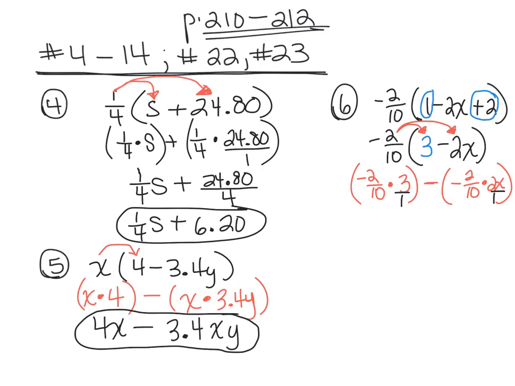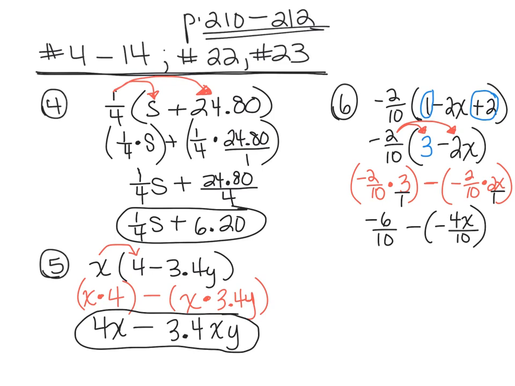So the first term ends up being a negative 6, which is negative 2 times 3, over 10. And the second term ends up being negative 2 times 2x, or negative 4x, over 10.